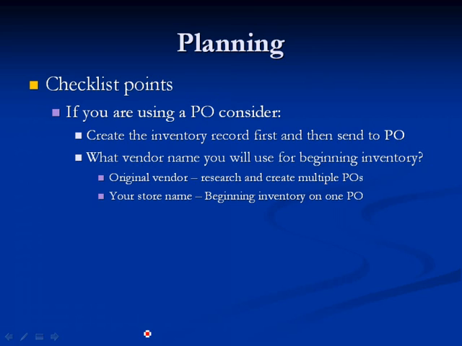A possible workaround for those people who want to get their inventory in but just don't have the time to do that kind of research is to put your store name in as the vendor name, and then go ahead and put in the items to the best of your ability. From that moment forward, whenever you see that purchase order, you're going to know, because your store name is on it, that that was beginning inventory, and understand the numbers you're seeing accordingly.